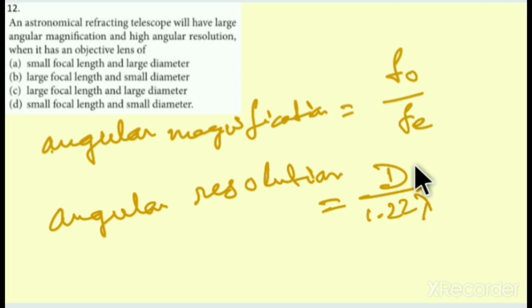D is the diameter of the telescope, and f is the focal length of the telescope.